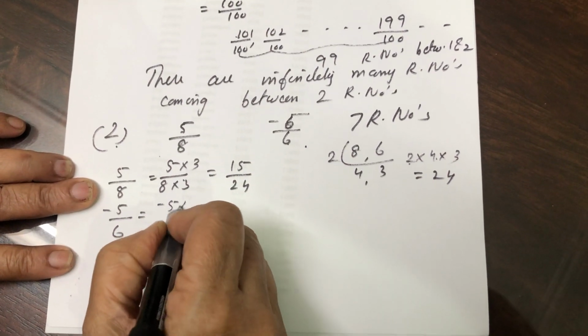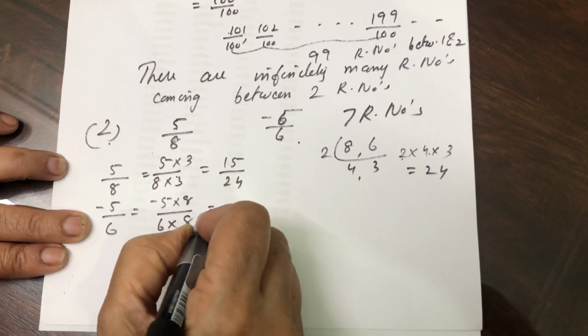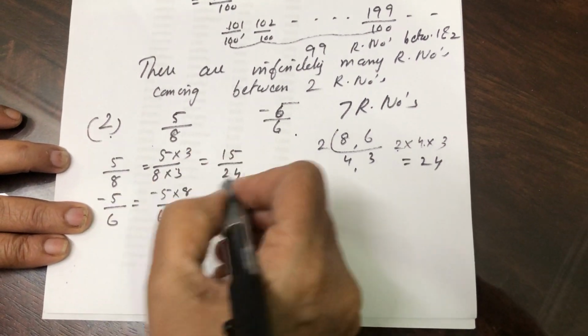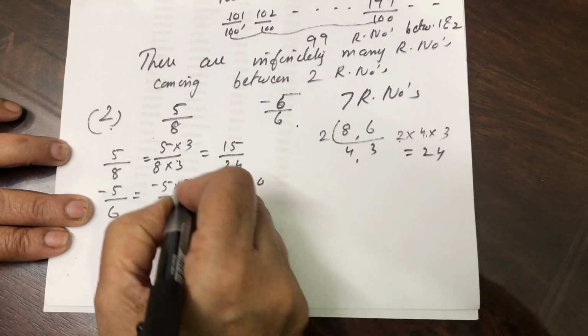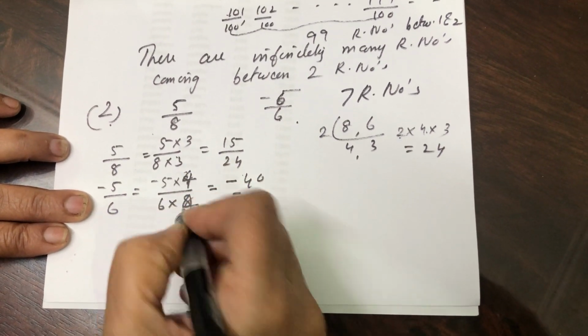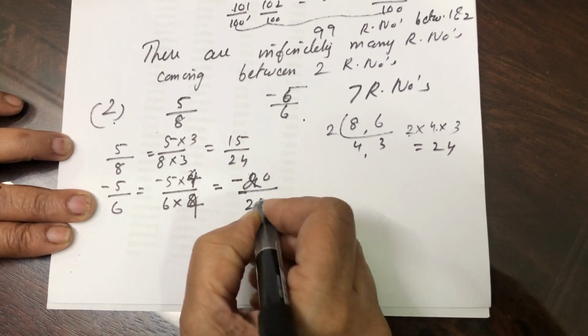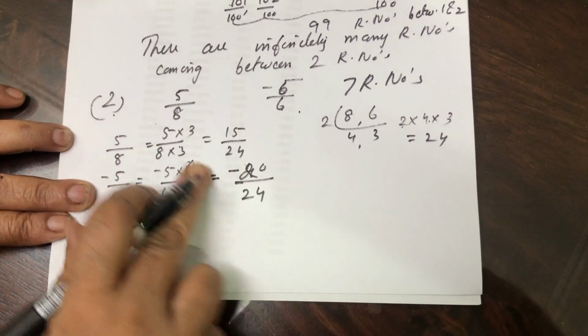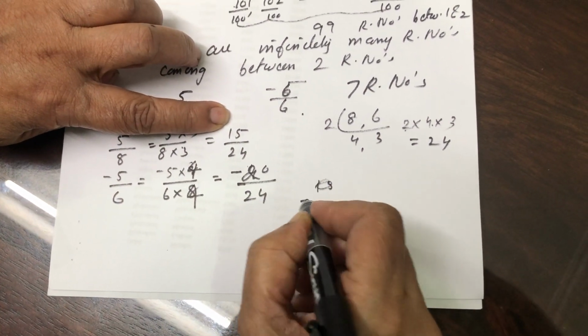Here, minus 5 into 4 and 6 into 4, sorry, this is 4 and into 4. So it is minus 20 by 24. Here now the denominator became the same. And the numerators are 15 and minus 20.